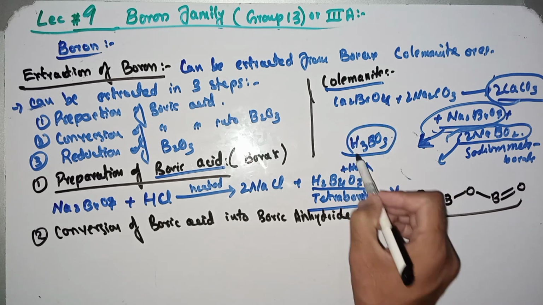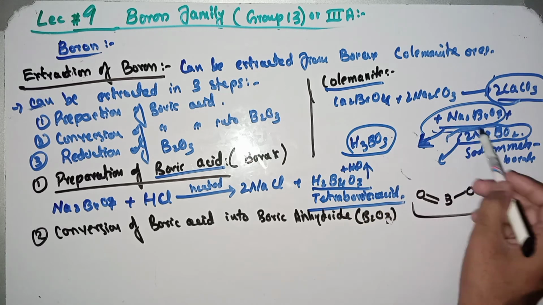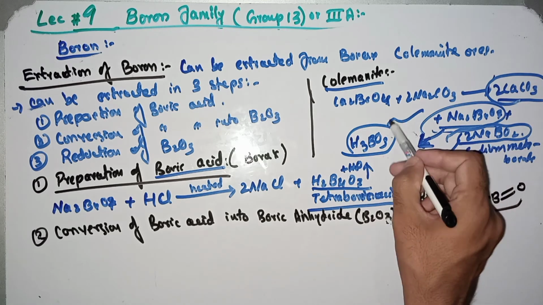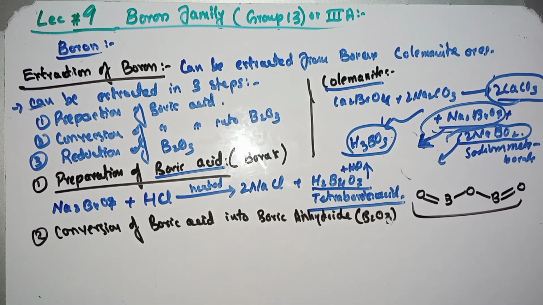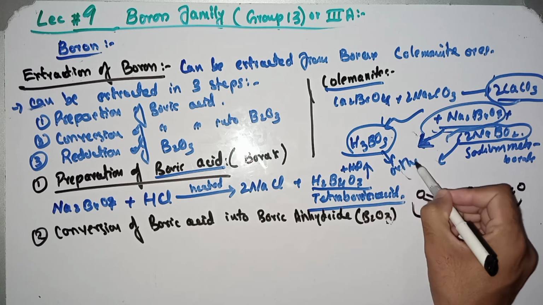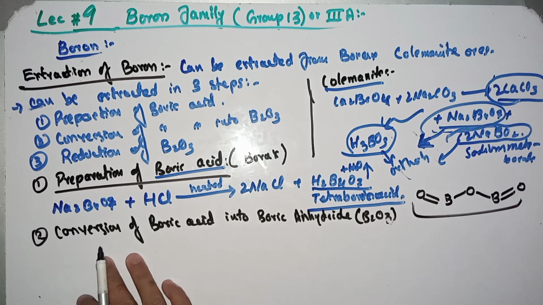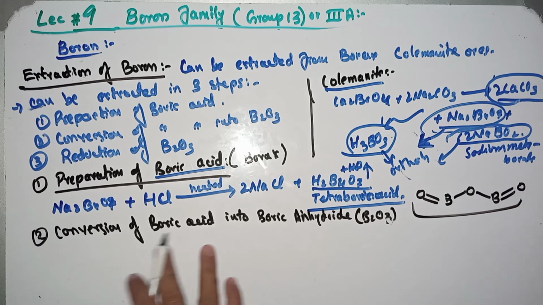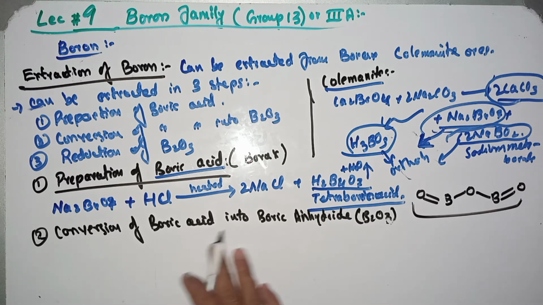That is the simplest form. Colemanite can also finally be converted into H3BO3, which is also called orthoboric acid. Now in this step, this orthoboric acid, or boric acid, can be converted into boric anhydride.